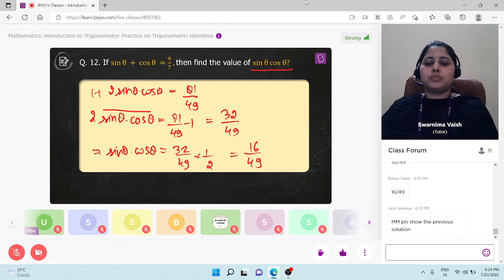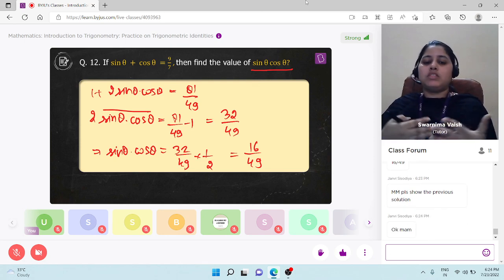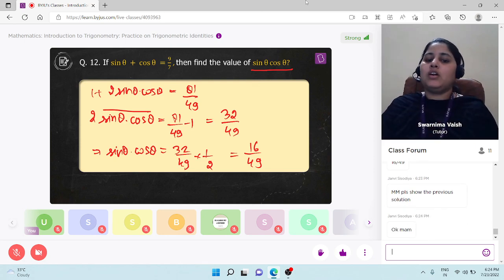Then divide by 2. Janvi, do I have to repeat this again? Do you have any doubt in this? Because if we transpose 1 to right hand side, it will be 2 sine theta cos theta equal to 81 by 49 minus 1. Just take LCM and we can solve it. Okay, thank you so much, Janvi.